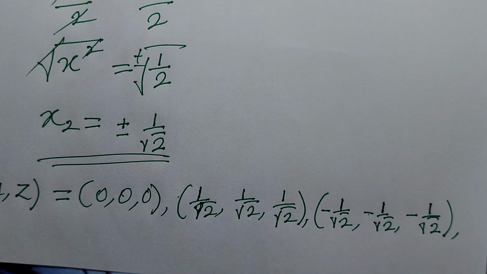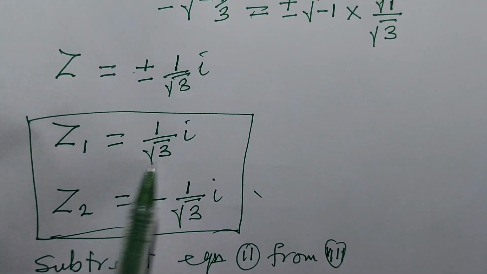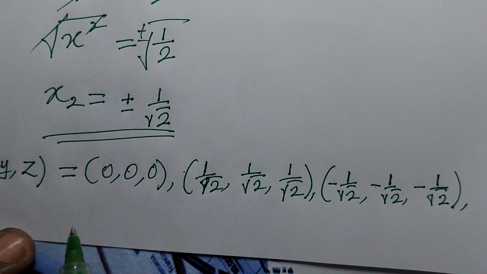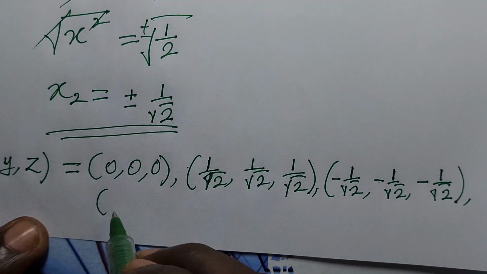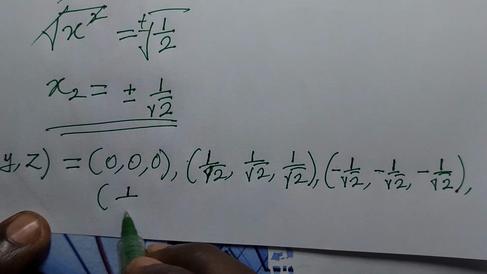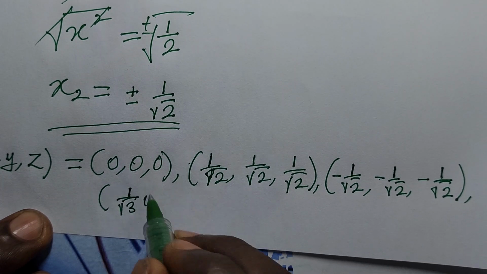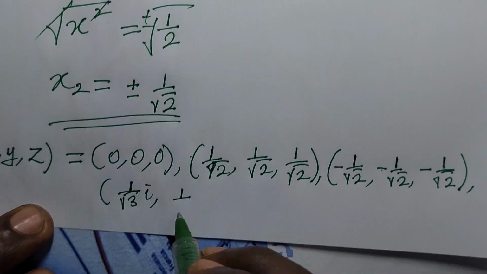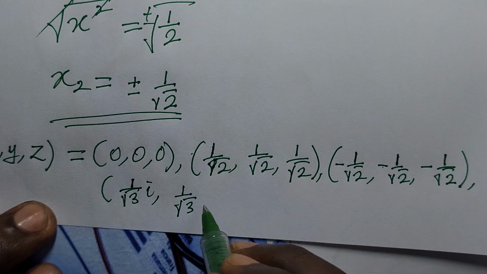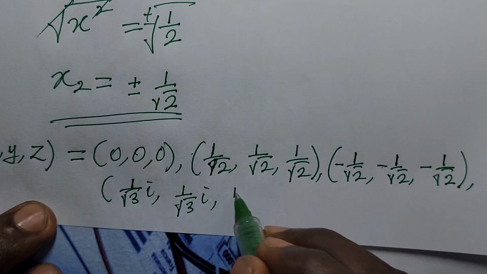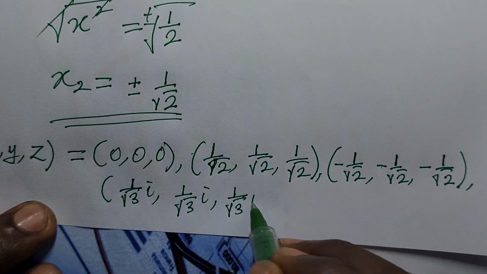And the last one, which is the imaginary root, is this very one here. So this will also give us bracket positive 1 all over root 3 iota, comma 1 all over root 3 iota, comma 1 all over root 3 iota.